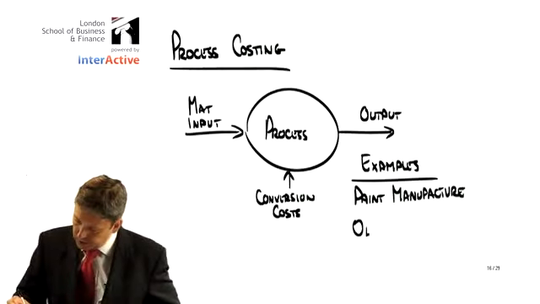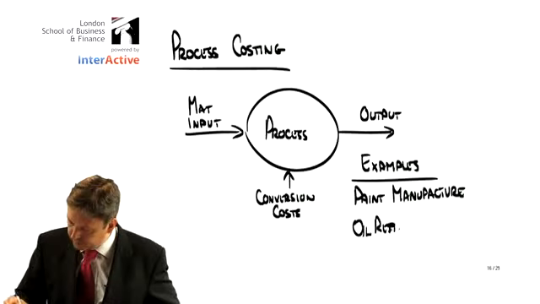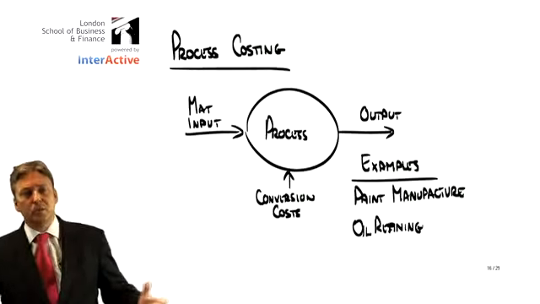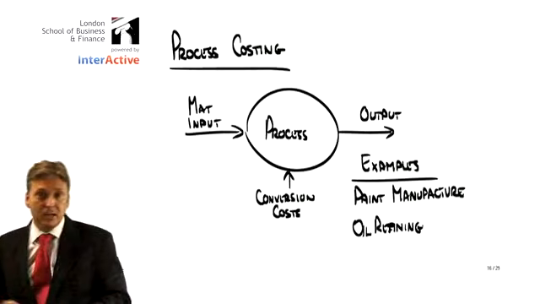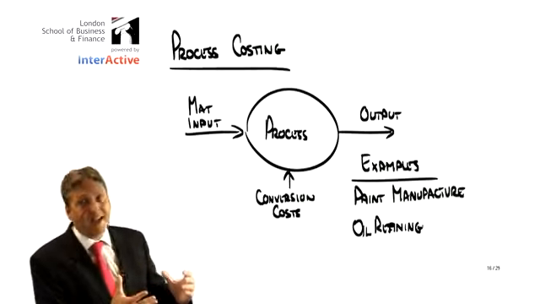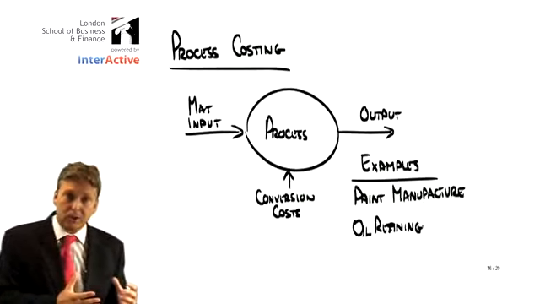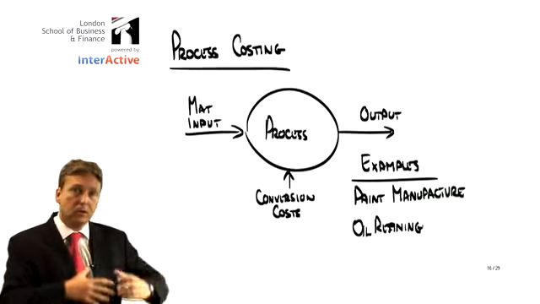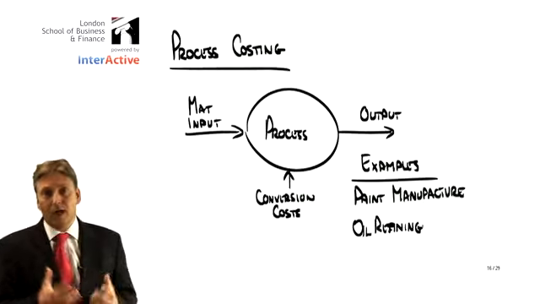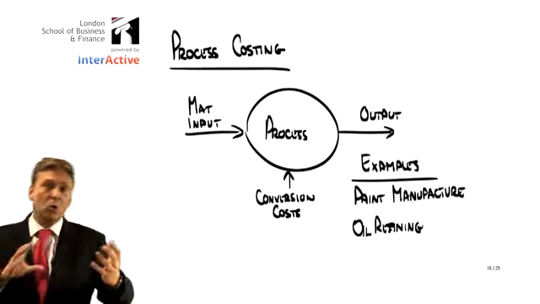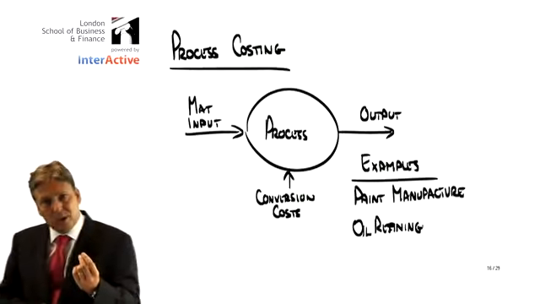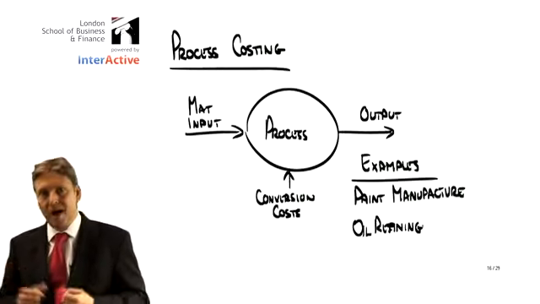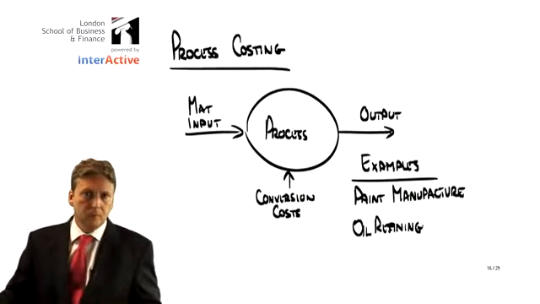We could discuss such things as oil refining. You pour some crude oil into the front end of the refinery, and out of the back end of the refinery you'll get such things as petrol and diesel and heavy fuel oil. Again, in process, it's all mixed together and you cannot separate 1 litre or 1 barrel from another.